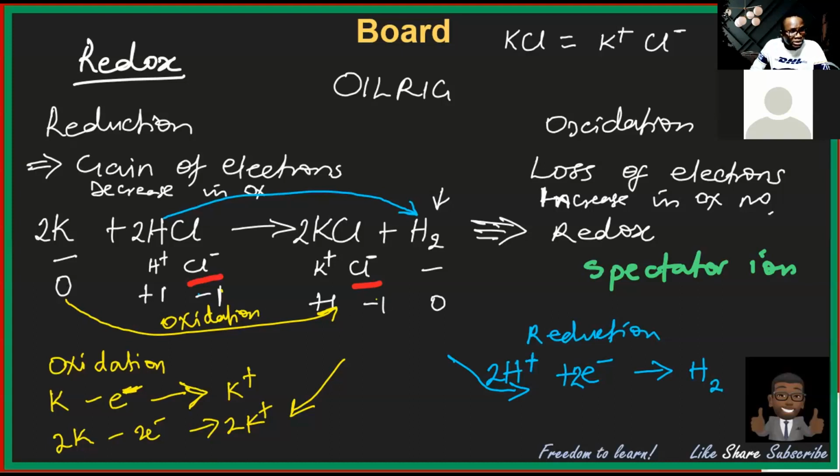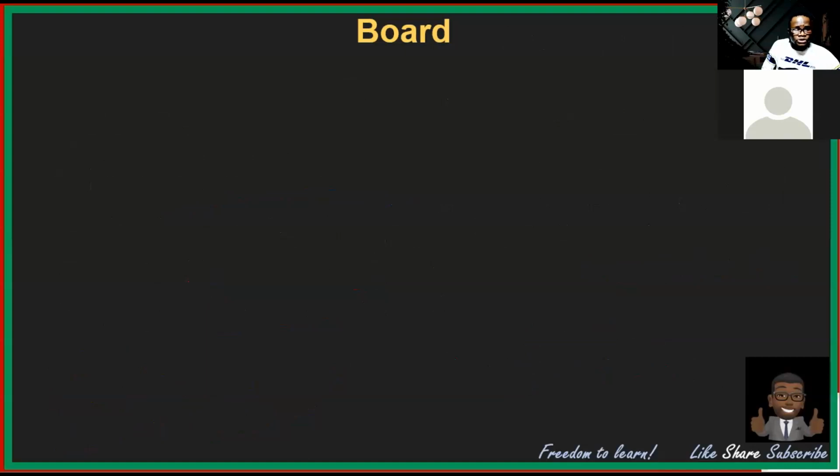Now, to reinforce this concept properly, because I need to lay background for electrolysis so that you get it once and for all, let's look at a few things about ionic compounds before we jump into electrolysis.